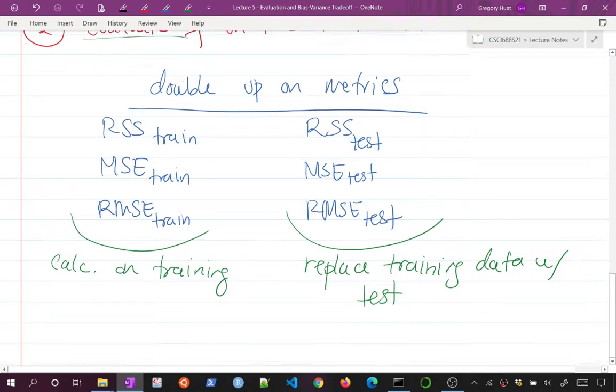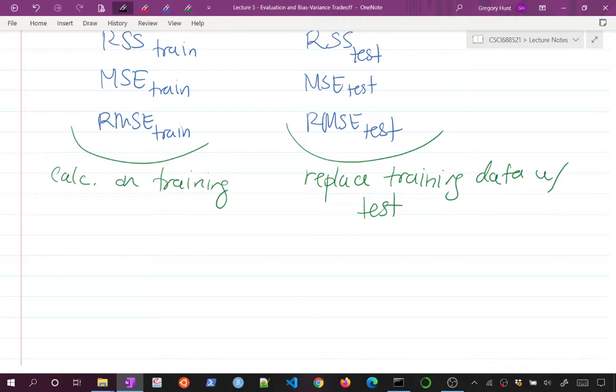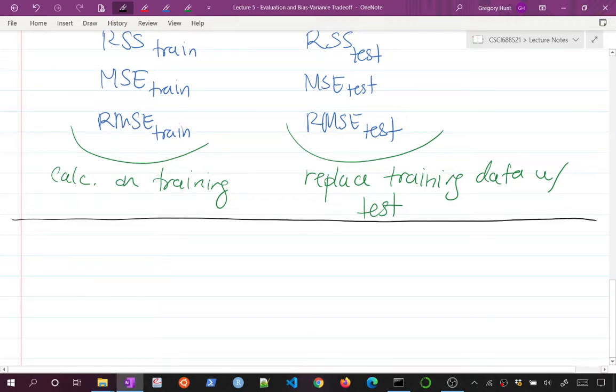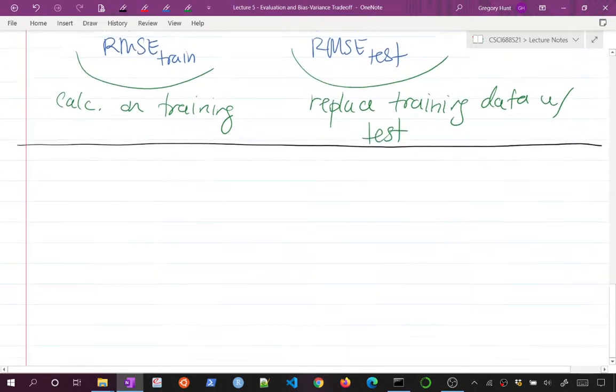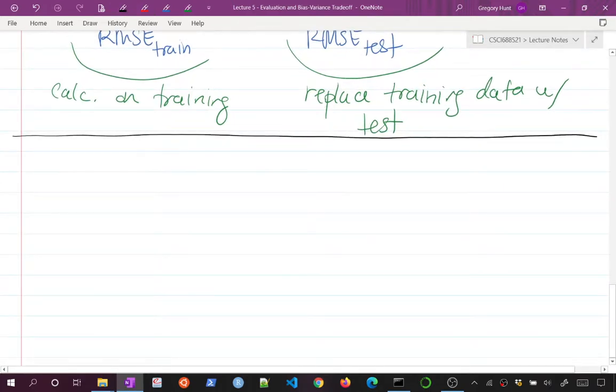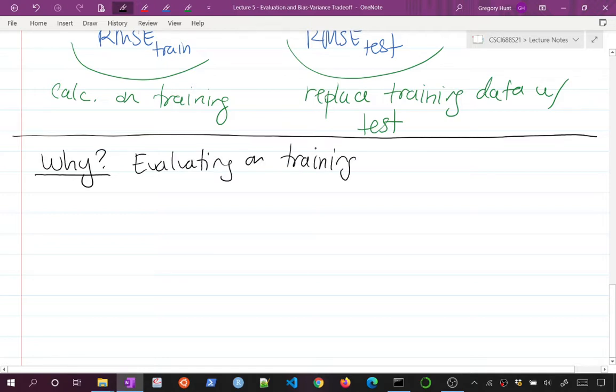Why do we do this? I've kind of been hinting at it a little bit, but the main idea, and this is at this point not super mathy, but we're going to make this a bit more mathy, don't worry. The main idea is that evaluating on the training data is potentially misleading.